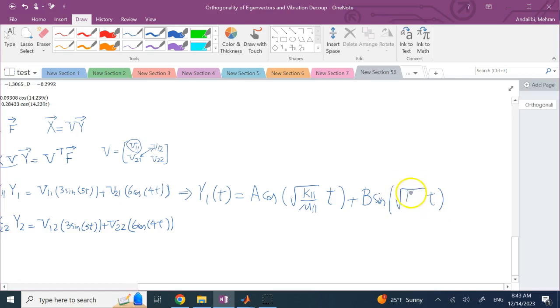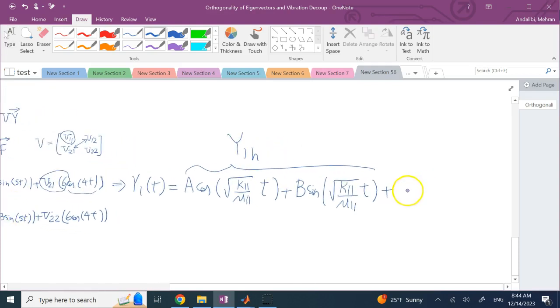This is the homogeneous solution. And then plus the particular solution. So this is y1 homogeneous. And the particular depends on this function. If it's cosine 4t, it has to be cosine 4t plus some phase and some amplitude. And this is the amplitude of the input.